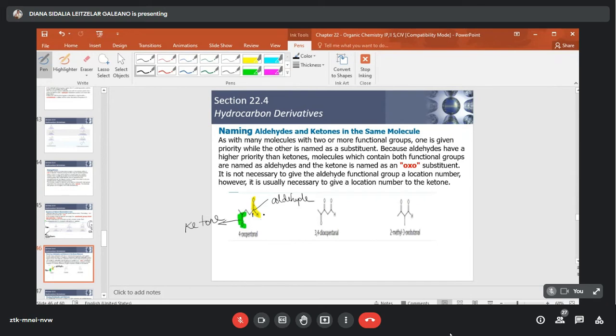But the aldehyde will always be the base name. And the carbonyl group that identifies the ketone will be a substituent. The ketone as a substituent is called oxo.